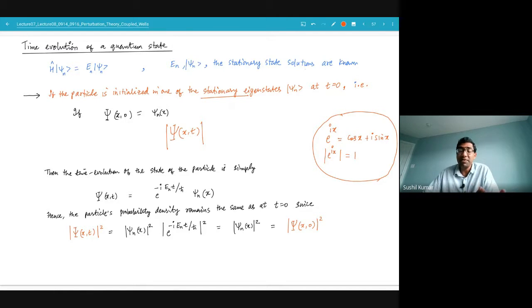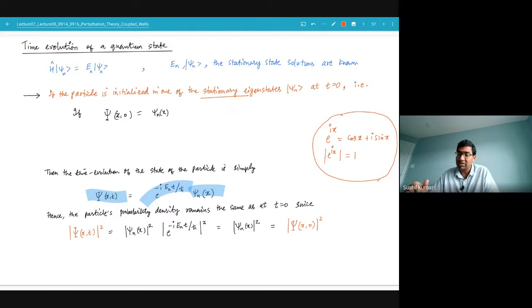But the wave function itself does actually change, and that comes from the time dependent Schrodinger equation. I argued about this in the beginning; I'm not going to go over it, maybe just take it for granted. So the wave function with time, if you initialize in this stationary state, adds on this extra factor, e to the minus i E_n t over h bar.